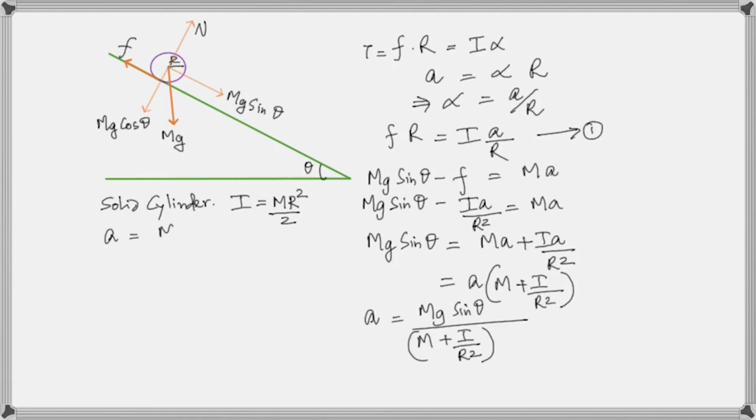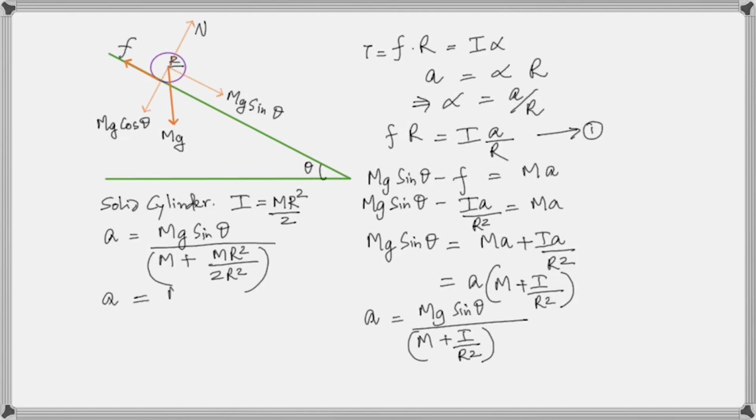Now you can substitute for I here as mr squared by 2, which is what I'm doing. So mass plus mr squared by 2, and then you also have r squared there, so the r squareds get cancelled.